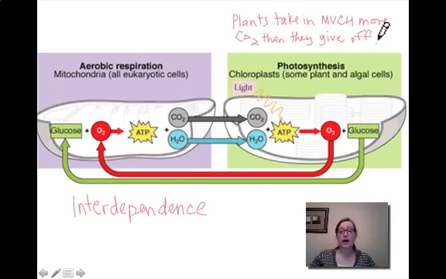Okay, important concept there to understand. It's not completely balanced, so there will be more CO2 coming in compared to what they're giving off during respiration. So there's an imbalance.